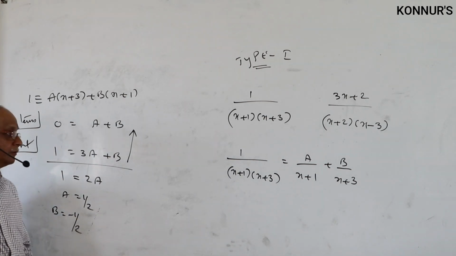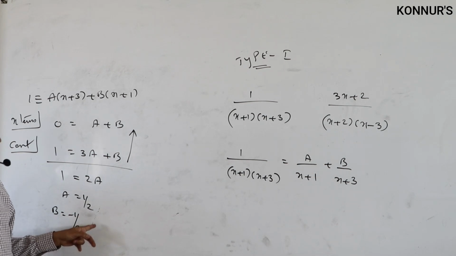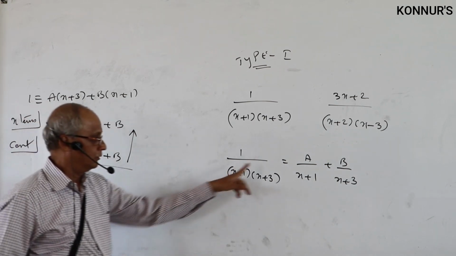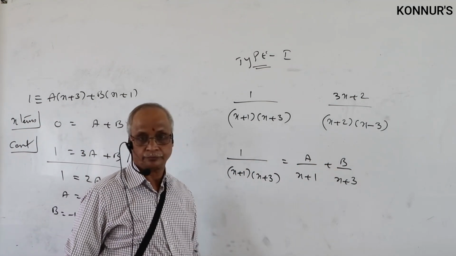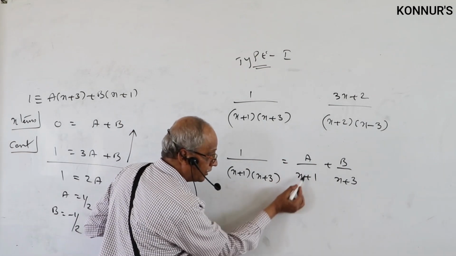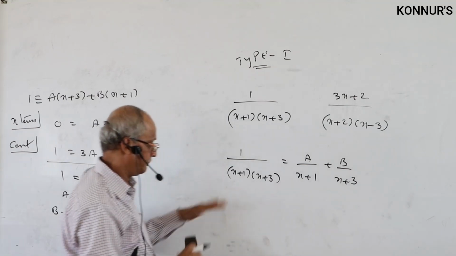Therefore, don't compare with the PUC method. Okay? This is your PUC method. We will not write it. This is your a and b. You want the a value. What is the denominator? x plus 1. When it is 0, x is minus 1.